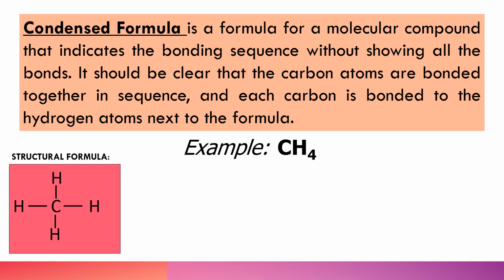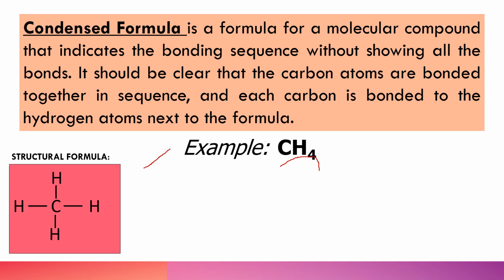Next, the condensed formula. A formula for a molecular compound that indicates the bonding sequence without showing all the bonds. It should be clear that the carbon atoms are bonded together in sequence and each carbon is bonded to the hydrogen atoms next to the formula. So in our example, this is the condensed structural formula of methane.